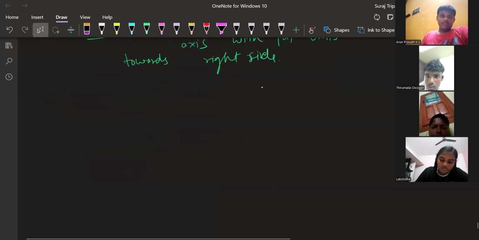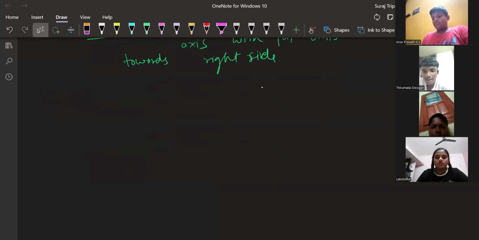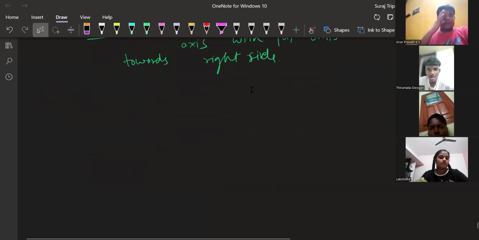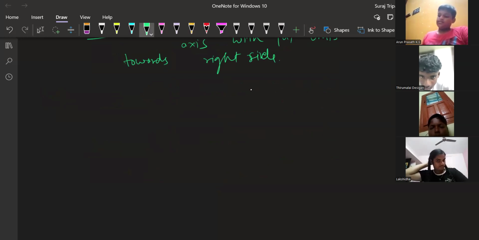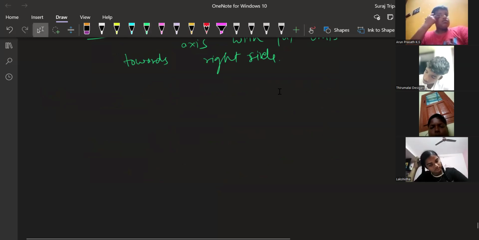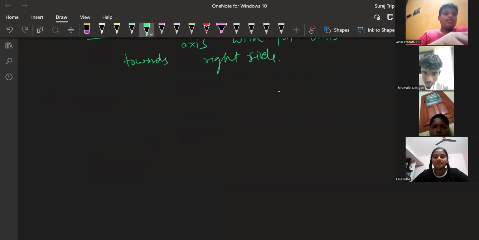So suppose, let's take a graph. For example, y equals log x.